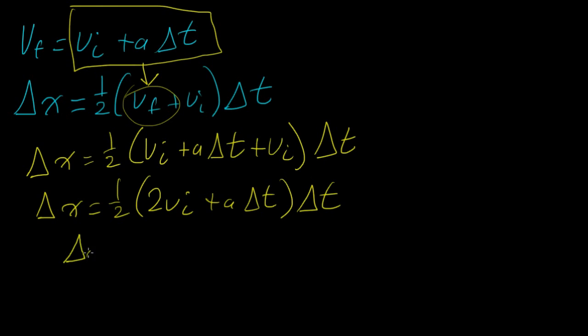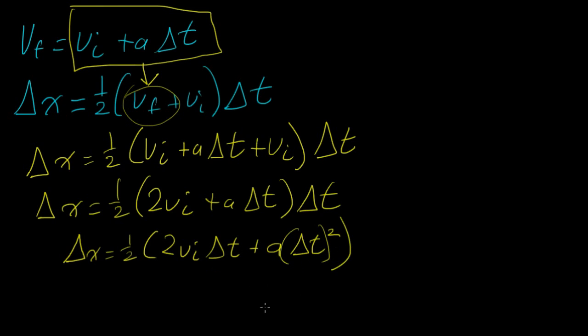So we still have our delta x equals 1/2 times. Distribute the delta t gives us 2Vi delta t plus a delta t times delta t, so plus a delta t squared. Okay, close parentheses.